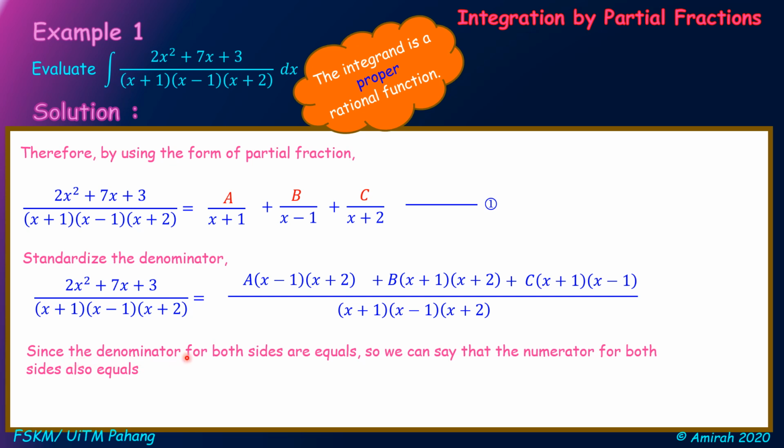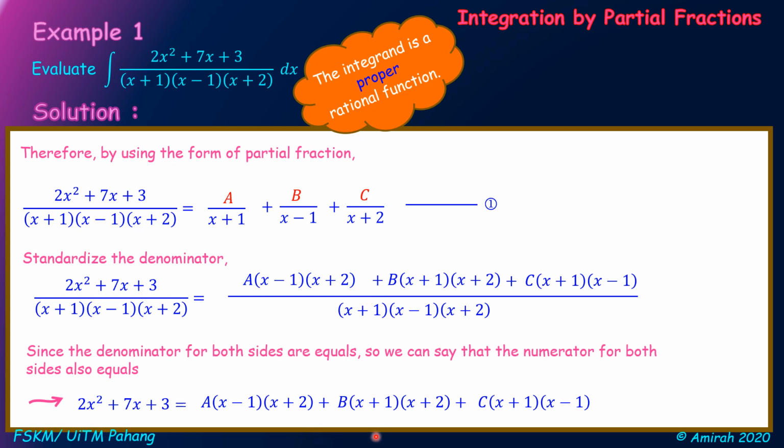Since the denominators of both sides are equal, we can say that the numerators of both sides are also equal. So we can write 2x squared plus 7x plus 3 equals a times x minus 1 times x plus 2 plus b times x plus 1 times x plus 2 plus c times x plus 1 times x minus 1.